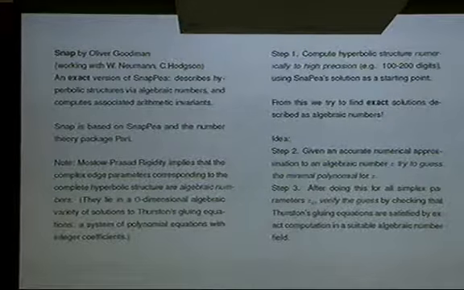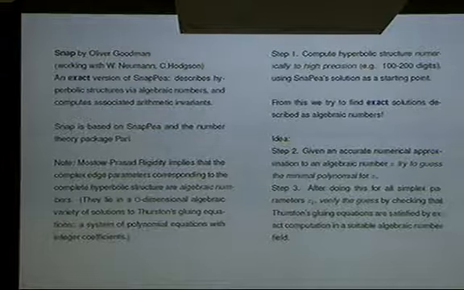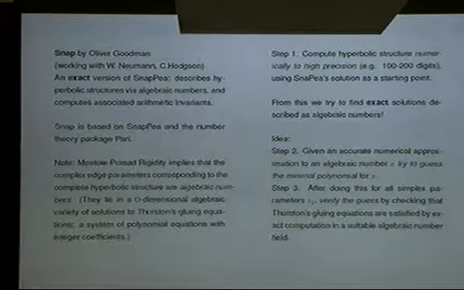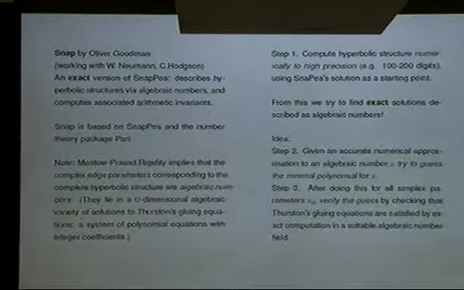If you succeed in doing this, say for all the simplex parameters, then you get an algebraic number field which contains all the simplex parameters. And then you can check that your guess is actually correct by looking at these polynomial equations and substituting in your proposed solutions and doing exact calculations in this number field. So that's the basic idea. You first guess the solution and then you can check it by doing calculations in this number field.